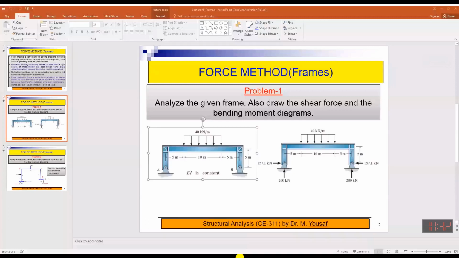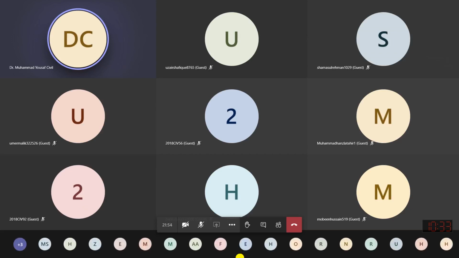Yes, sir. Okay. Now in this case, the solution is given over there, 157.1. This is the horizontal reaction. This is the solution. How can we solve it? This will be shared with you.